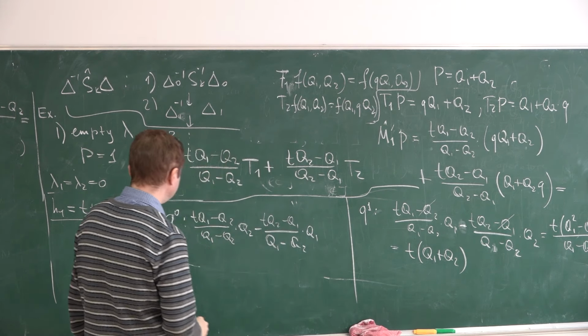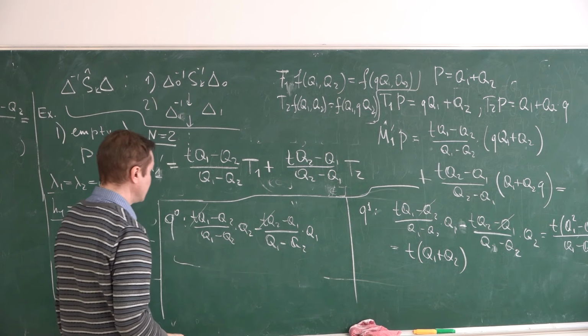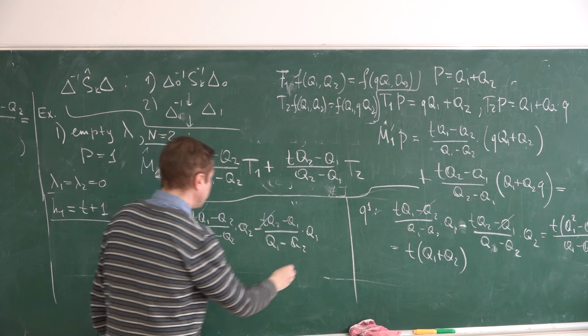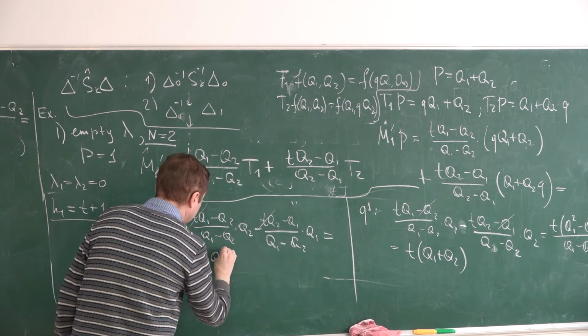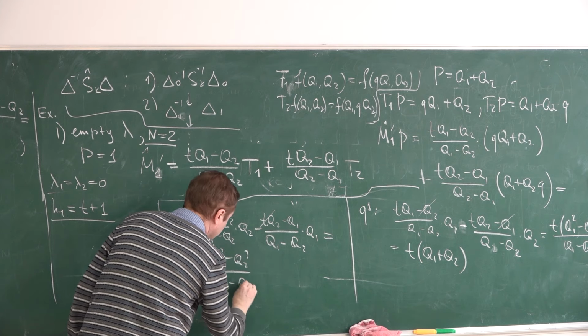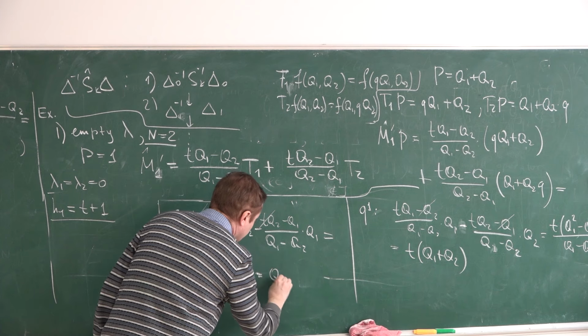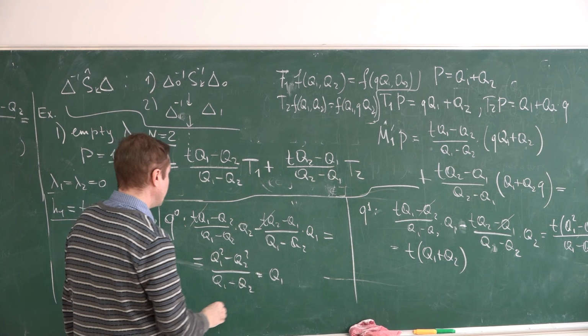And this time these terms are cancelled out, and we are left with just Q1 squared minus Q2 squared divided by Q1 minus Q2. So it is Q1 plus Q2.